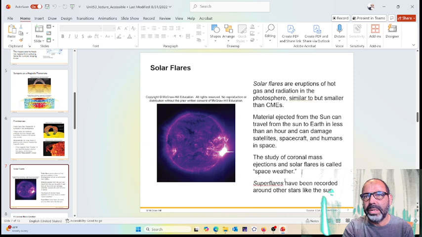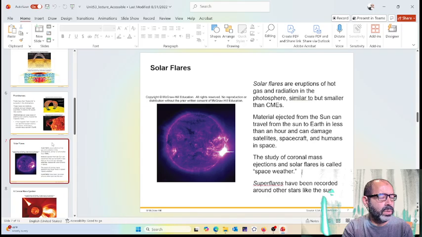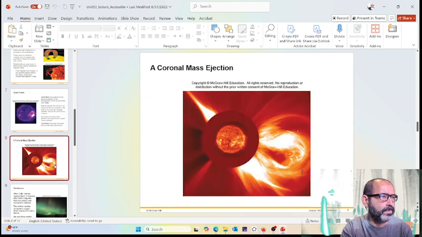This is one branch of science where they monitor the activities on the sun, and they issue warnings. There will be warnings issued depending on the intensity and the direction of these ejections from the sun.